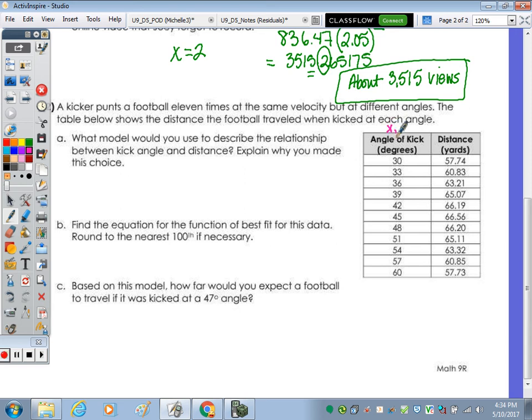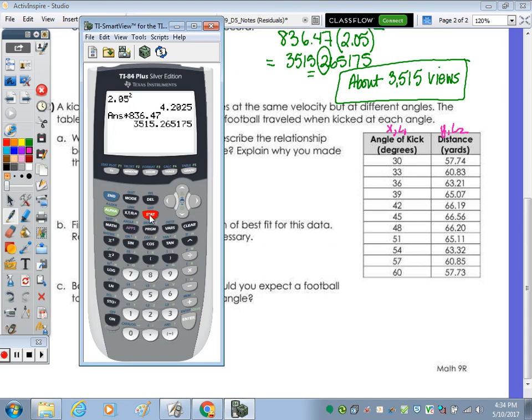So this is our X, or list 1, and this is Y, which is list 2. So let's take a minute to enter the data. Remember, to get rid of the data in each, you go over the L1, L2, and hit clear. Okay, so take a minute to enter the numbers.